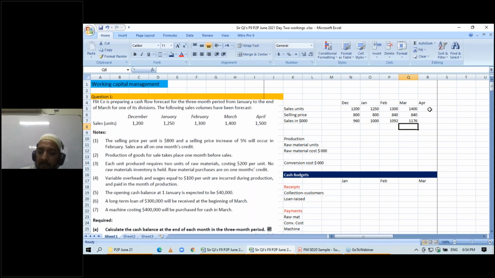And then April, 1500 multiplied by 840. 1260 will be the sales amount. Yes, Idrissa, in February, March, and April, I have increased the price by 5%. So it is now 840.